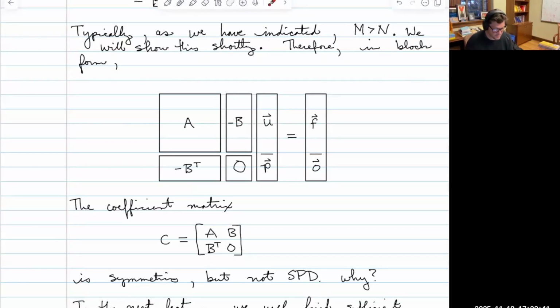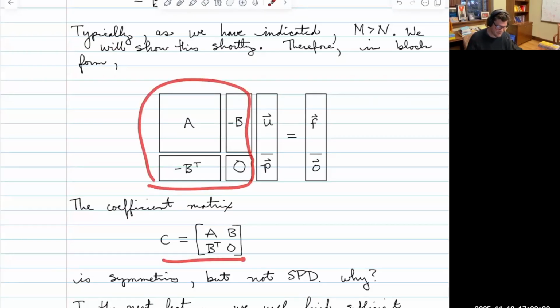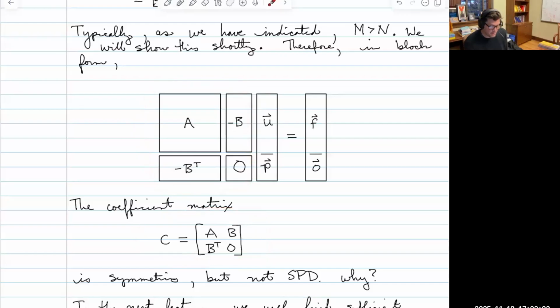So we need some sort of muscle, some sort of theory, to tell us that we can invert this thing and get an approximate solution for our problem. The technology that we're going to need is, again, the Inf-Sup condition. That's going to tell us that we can invert this coefficient matrix called C. So that's where we're heading, and you know where we've been. I'll stop there, and I'll take your questions and end the lecture.